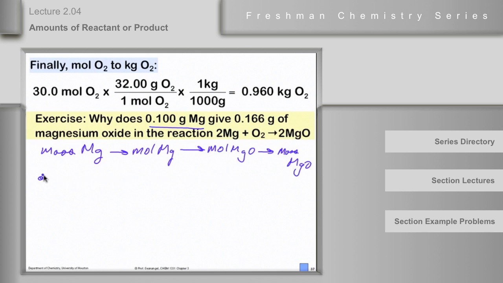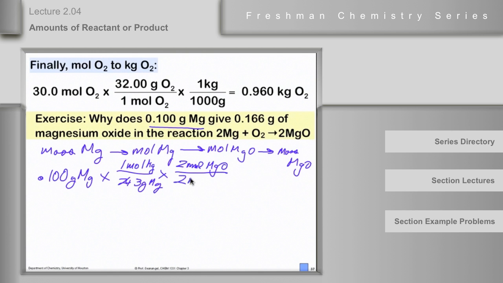If I'm right, 1/10 of a gram of Mg times 1 mole of Mg over 24.3 grams of Mg from the periodic table times, in the balanced chemical equation here, we have 2 moles of MgO over 2 moles of magnesium.